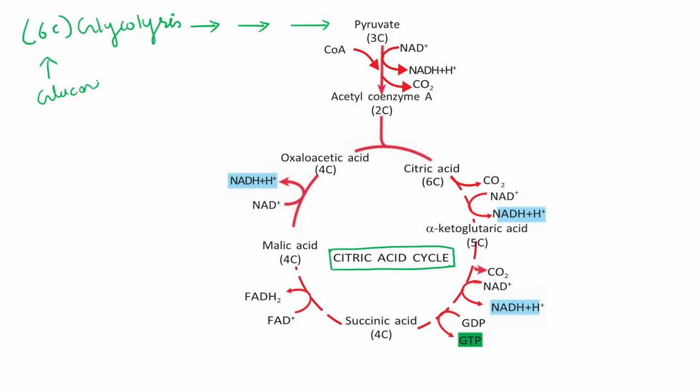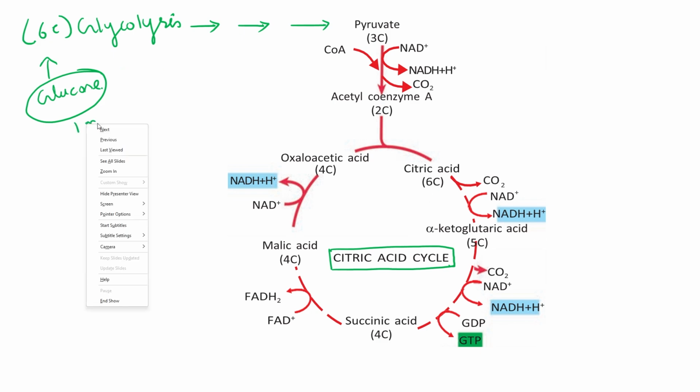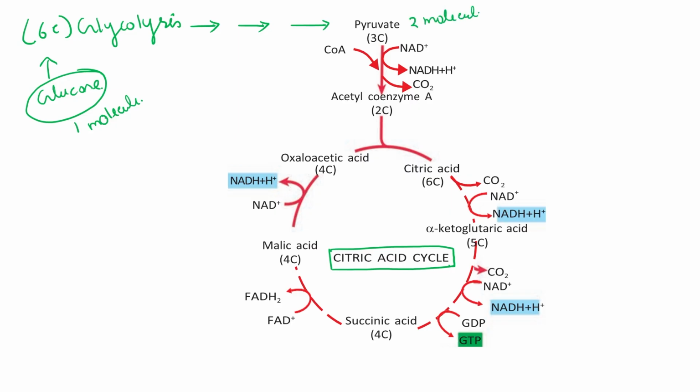Glucose is the main source of energy in glycolysis, which further converts into fructose and then fructose 1,6-phosphate and so on. And 1 molecule of glucose will generate 2 molecules of pyruvate. Right? And pyruvate, or pyruvic acid, is a 3-carbon molecule.